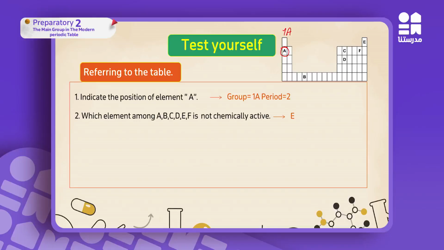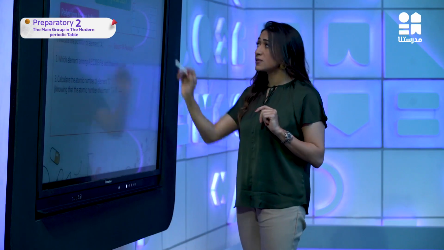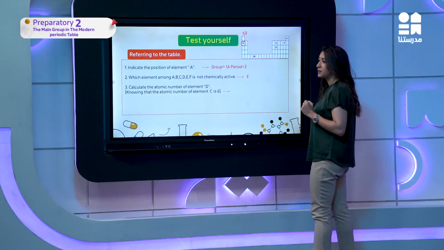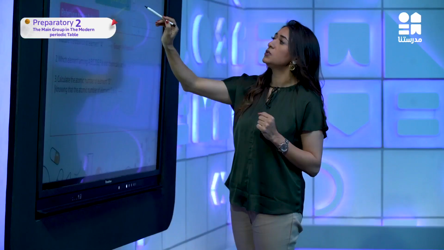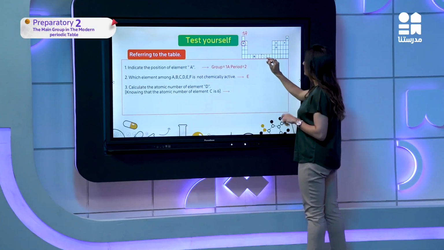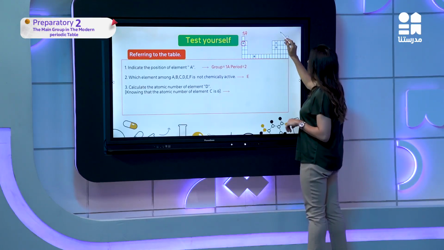Question 3 بيقول لي calculate the atomic number of element D knowing that the atomic number of element C is 6. ممكن تجيبها هنا بطريقتين. لو C 6 I will add 8 because I'm going to open a new energy level. وممكن أجيبها من التيبل. أنا عندي ده جروب 1A 2A 3B 4B 5B 6B 7B 8 1 2 3A 4A.